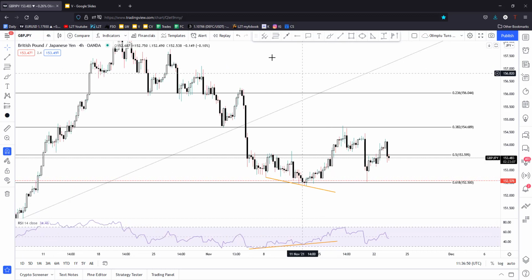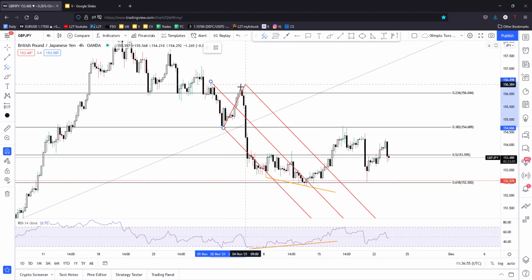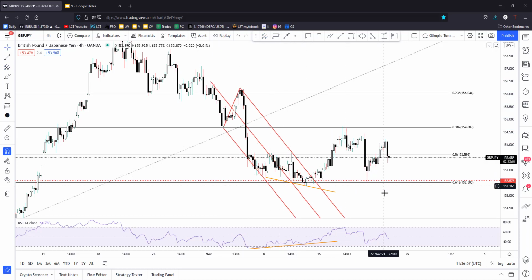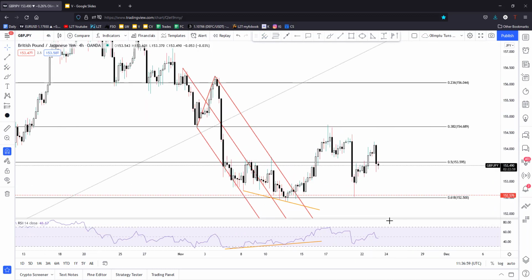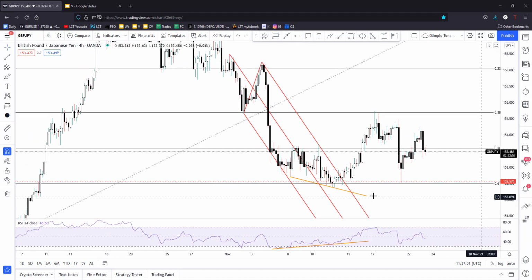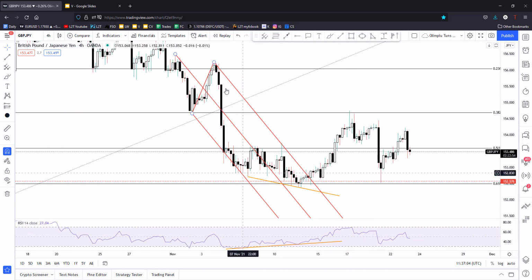But here also maybe we can use something like a descending pitchfork here on this last downside movement, retest of the lower medium line.